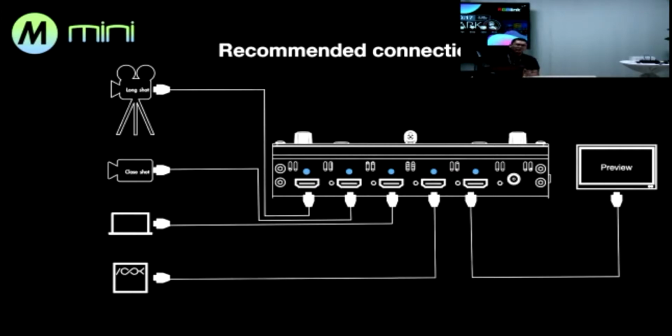Another important point in the recommended connection scheme is ASK. ASK gives you the possibility to connect more devices. Not only can you connect a DVD and other devices, such as a camera with an HDMI output port, you can also wirelessly mirror your phone screen to the ASK.